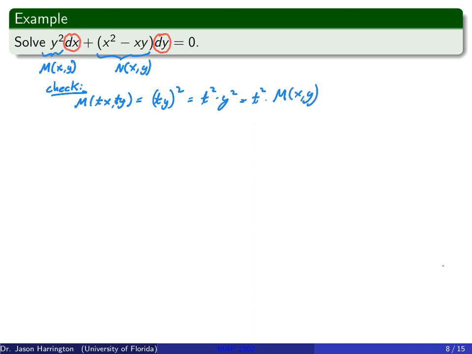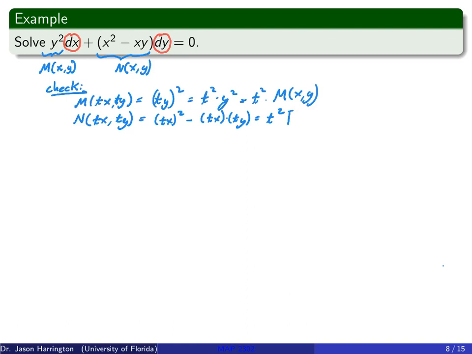And the second one, I have n of tx comma ty is equal to tx squared minus tx times ty. The first one I can factor out a t squared. Well, I can factor a t squared from both of these.